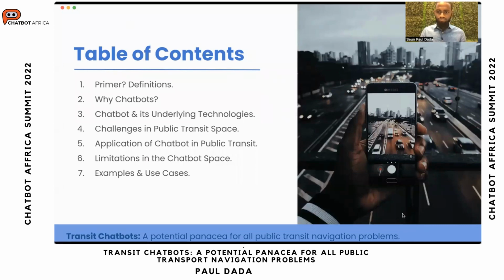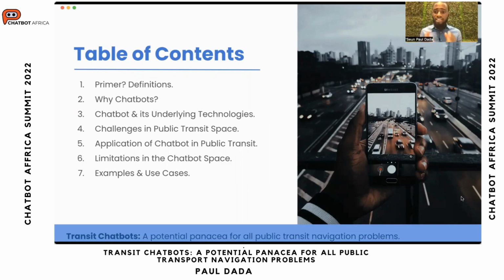It's simple. Our table of contents: we're going to be looking at some definitions, the buzzword chatbot, some of the underlying technologies, and some challenges in the public transit space. We're going to be looking at some core applications of chatbots in public transit and how they attempt to solve this problem.